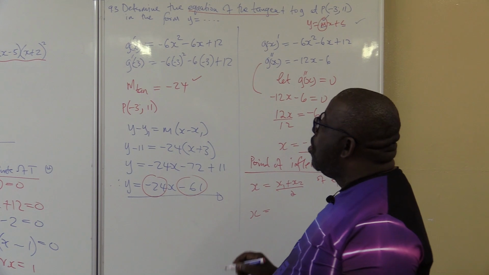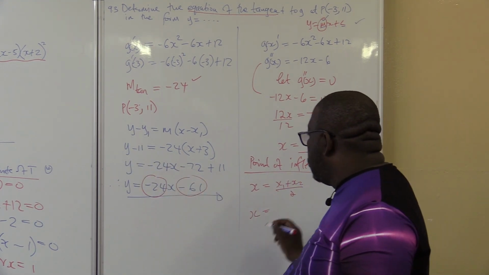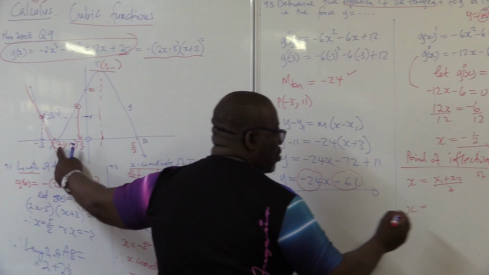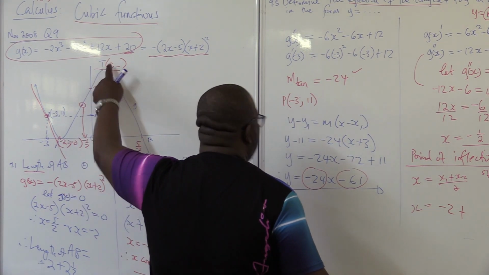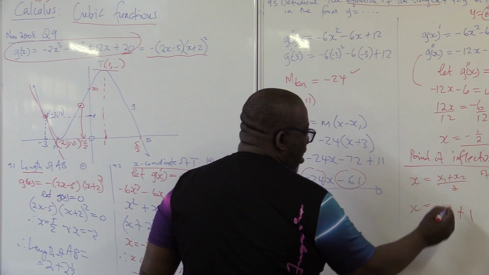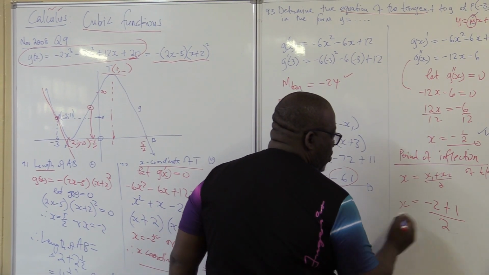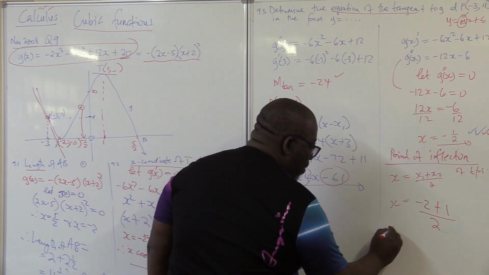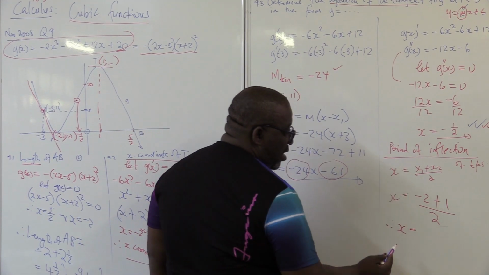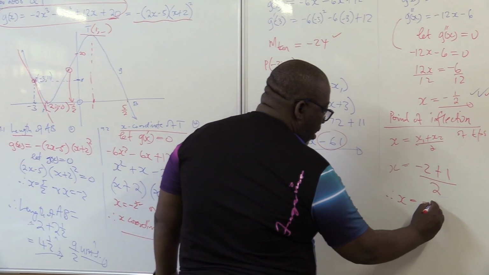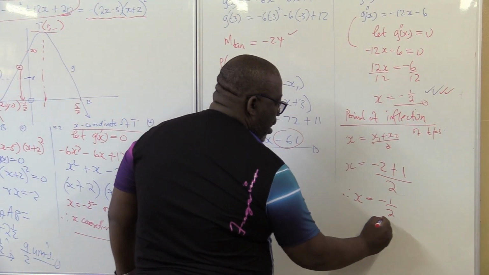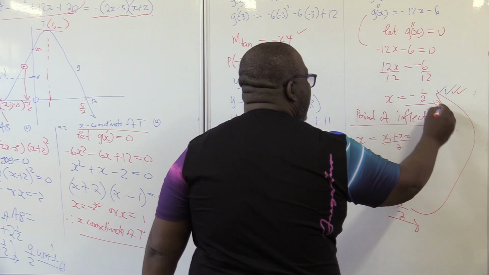Therefore, x is equal to, what is the first x there? I see minus 2, plus, what is the other x? It is 1. x1 plus x2, we divide this by what? By 2. Therefore, x of the point of inflection is minus 2 plus 1, over 2, which is minus 1 over 2. It is exactly the same thing as that one.